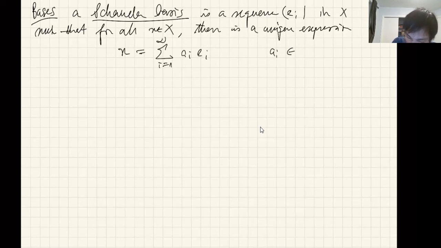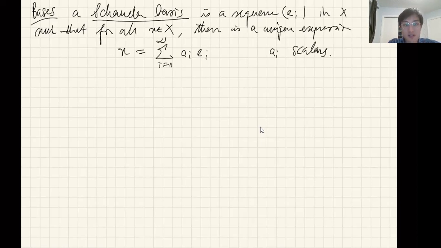Here the ai are scalars, and the ai depend on x, obviously. By unique, I mean that if you give me different ai, we get a different x. So x has a sequence of ai's and only one sequence of ai's.